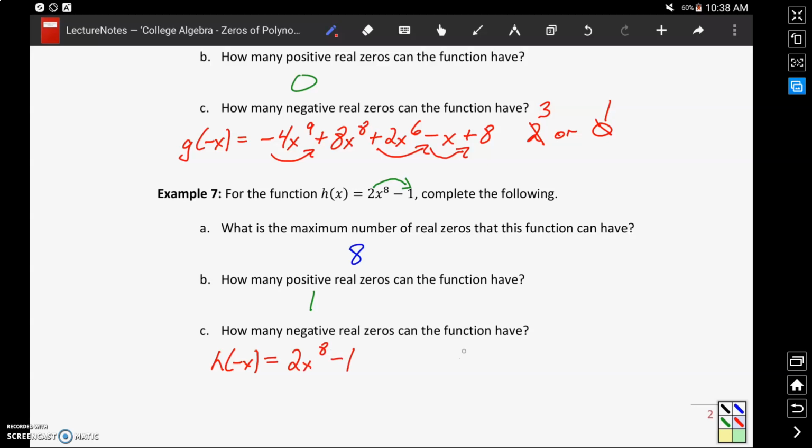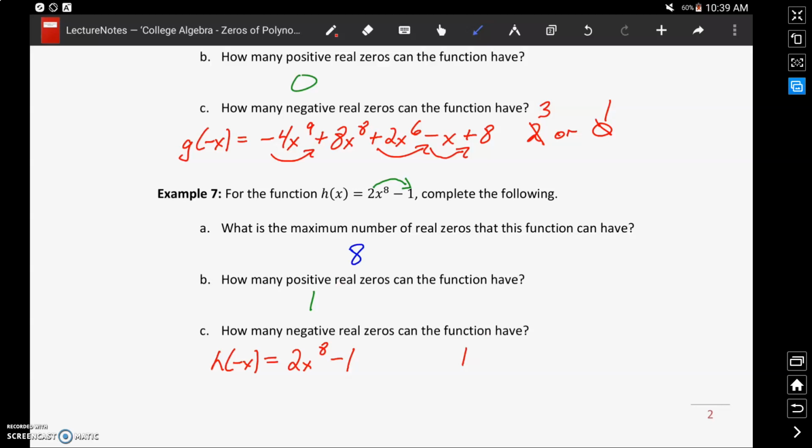We still have exactly 1 sign change, so we would expect 1 negative real zero. In this case then, for example 7, we do get more of a definitive answer. In finding the zeros for this function, we know that we would get exactly 1 positive real zero and exactly 1 negative real zero.